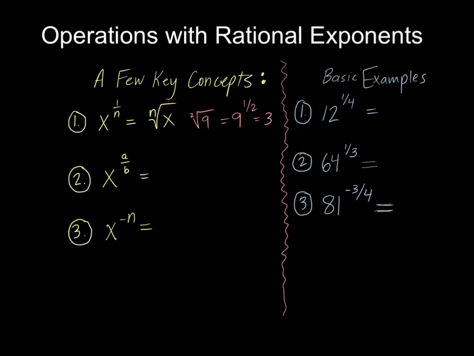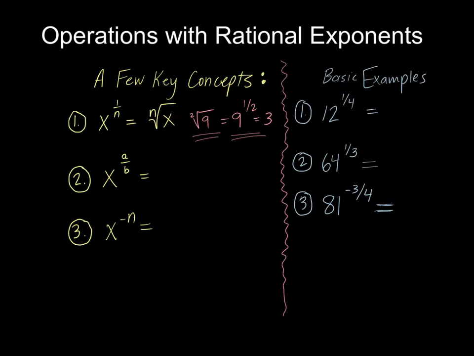So we have two forms in which to write the same thing. We have exponential form, and we have root or radical form like that. And they mean the same thing. This next example shows us what happens if that fraction does not have 1 on the top, if it's x to the a over b. The b is sort of like the n in the first concept. It's like the fractional part. It's like the root.